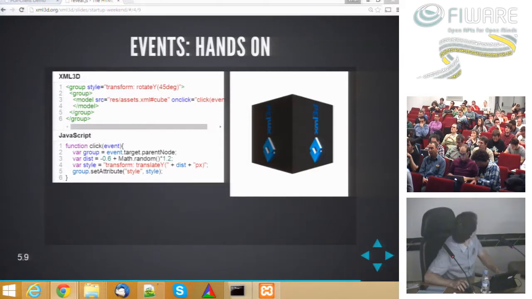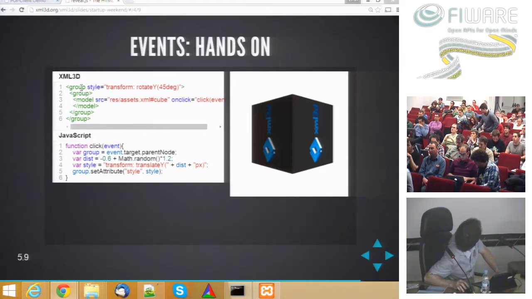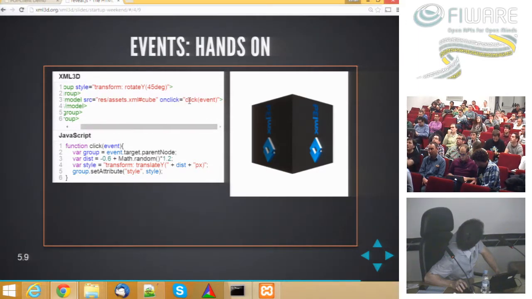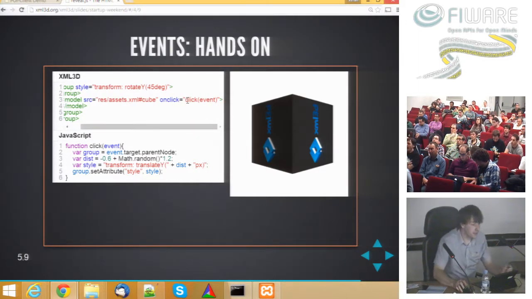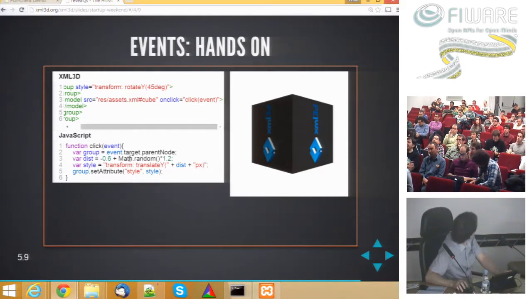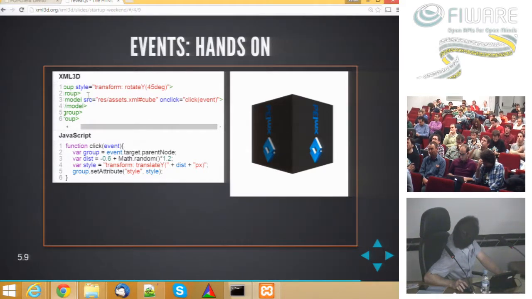There's also an example for this. So we have this model that has an onclick handler and then calls this click function that is given below. The target of the event is the actual model, so we get this element inside our handler function.